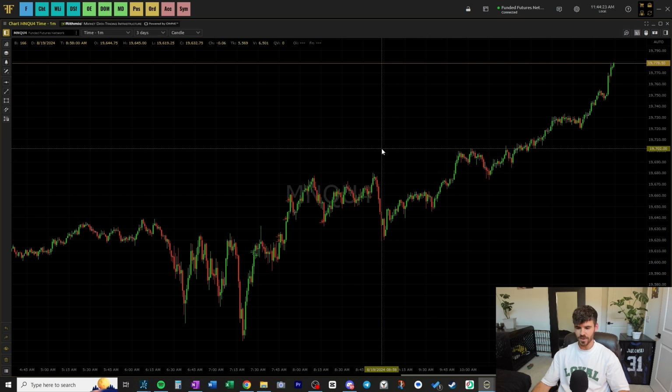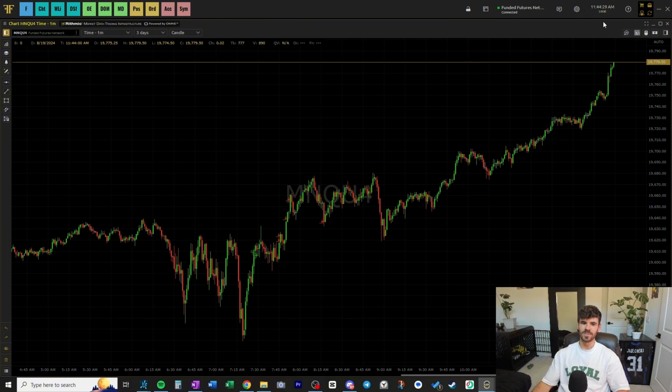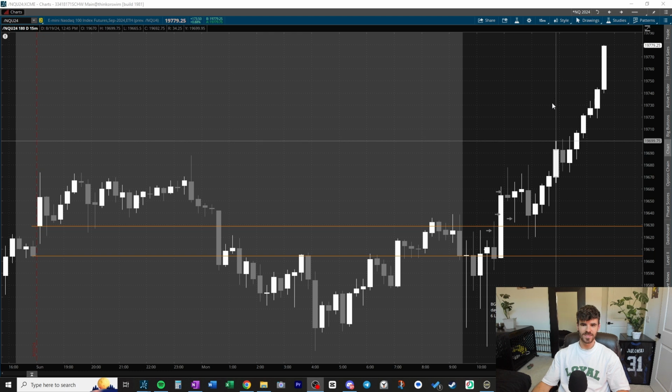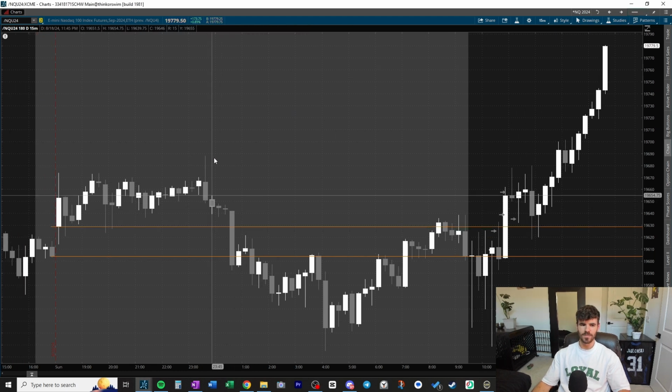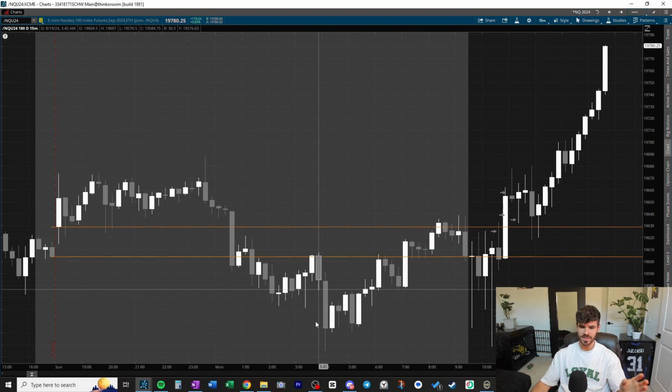Liquidity is basically a very hot term right now in trading. So liquidity is essentially old highs and old lows, like the most basic way to explain it. I'm not a freaking ICT SMT expert or anything, but that's pretty much what it is.